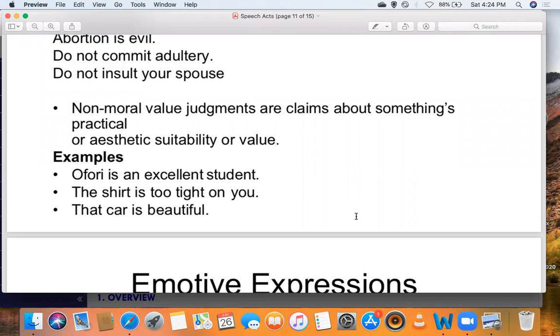To be efficient, to be strong, to be reliable, to be durable is not a moral value, but we cherish it a lot. So there are many non-moral values that people cherish.